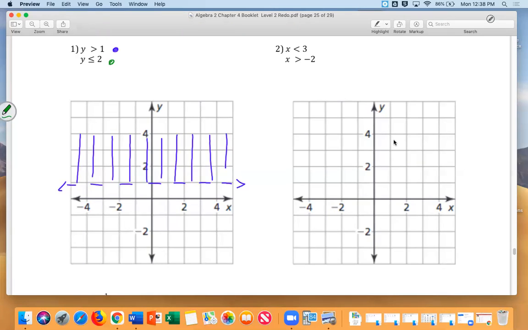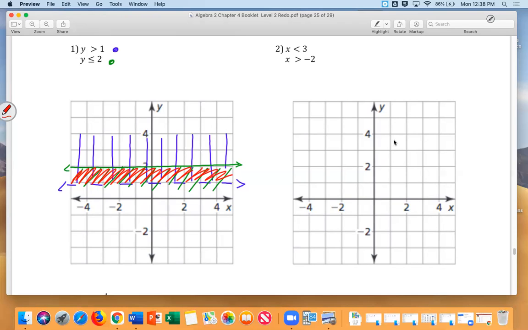The bottom equation says y is less than or equal to 2. So it's a solid line. And that's going to be below. So you can see that your answer is going to be between the two lines.